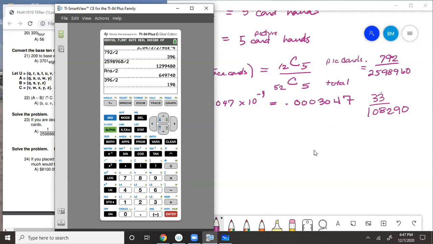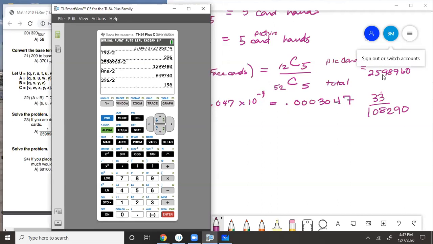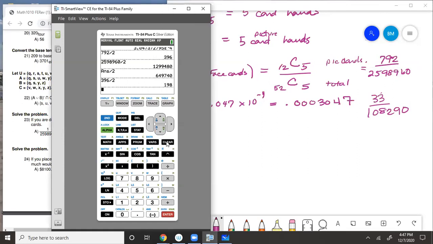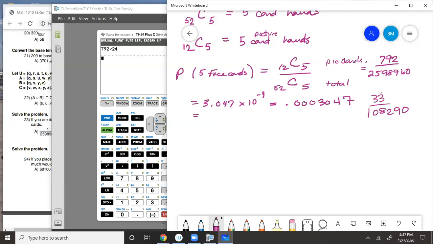I'm going to look for that number. All right, they're both divisible by 24, I believe. So try this, 792 divided by 24. We get 33. Okay, so yeah, this is very cumbersome by hand. So you're taking this fraction, 2,598,960. I already know it's divisible by 24, but what we could do is divide by 2 and keep going.